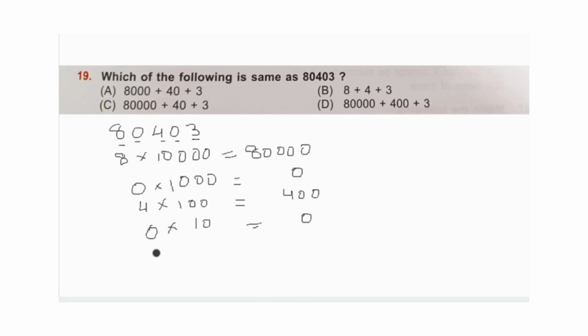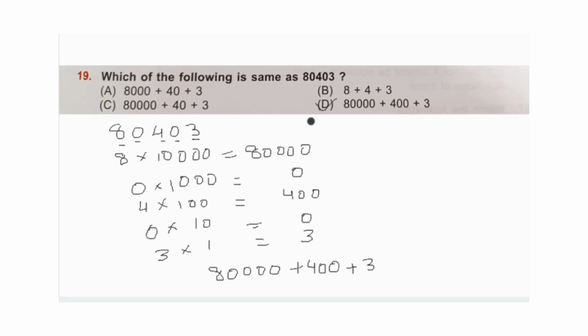Finally, in the units place we have 3, so 3 multiplied by 1 is 3. Let's write this expanded form together: 80,000 plus, we can omit the 0 and write 400, plus, omit the 0 and write 3. Based on this, the correct option is option D.